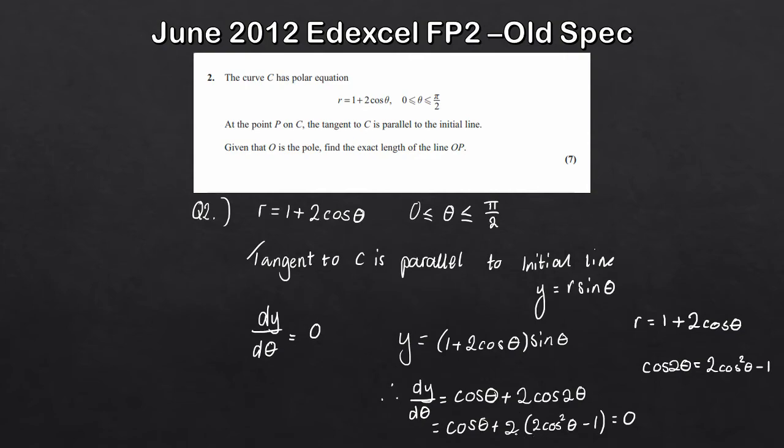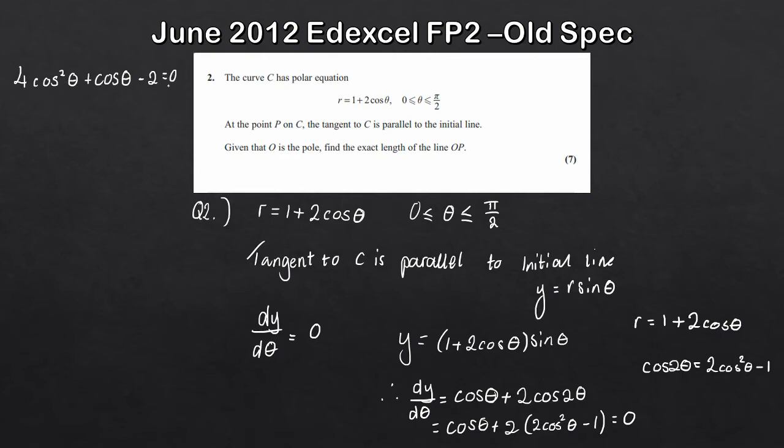So if you expand this, it's 4 cos squared theta minus 2 plus cos theta. So if we do that up here, what I've got is 4 cos squared theta plus cos theta minus 2 equals 0.